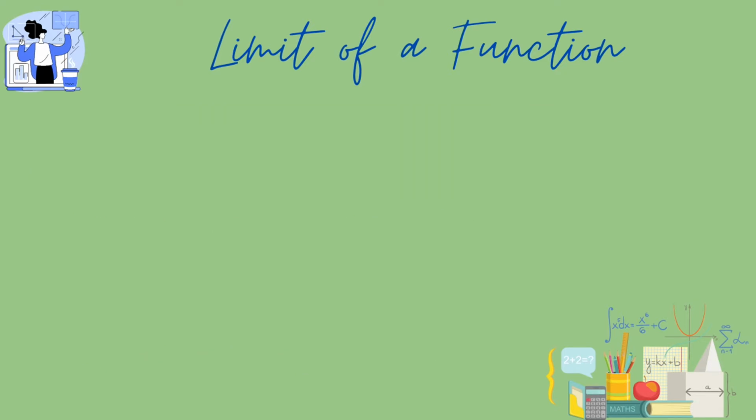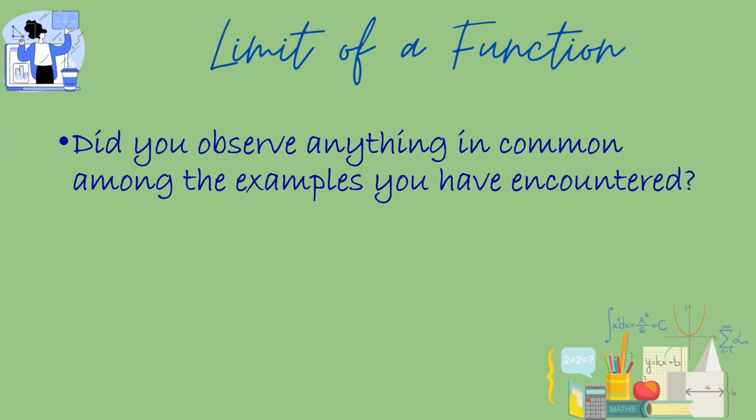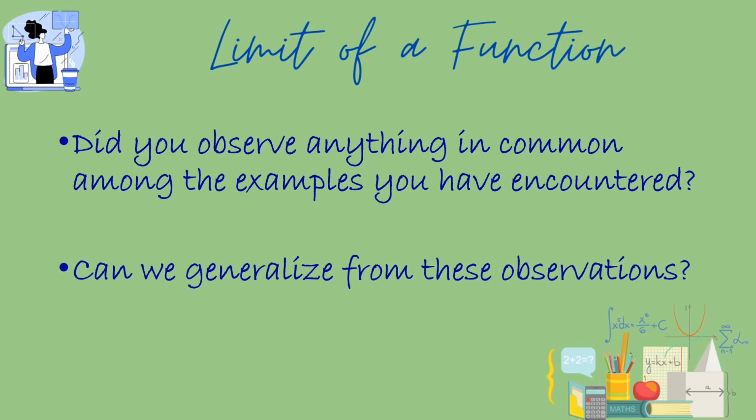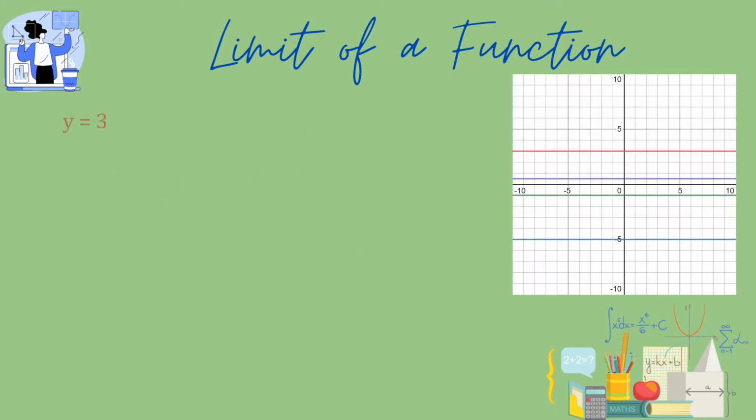From the discussion and exercises on this definition, did you observe anything in common among the examples you have encountered? Can we generalize from these observations? Consider the following functions. You are given in the graph y equals 3, y equals 0.5, y equals -1, and y equals -5.